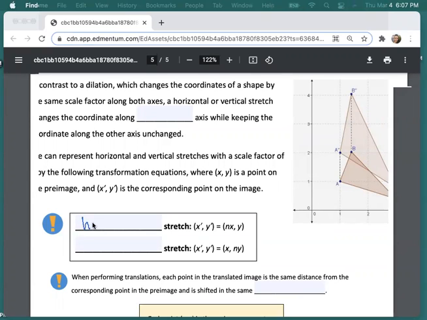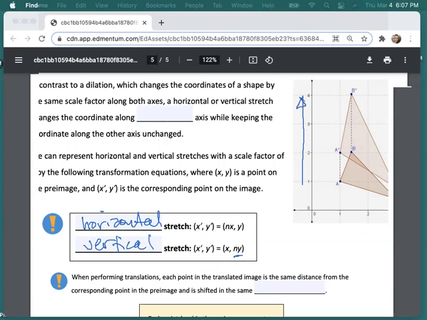So horizontal is left and right. And a vertical stretch is where the Y value is going to change. So in this example, we have a vertical stretch because only the Y value is changing.